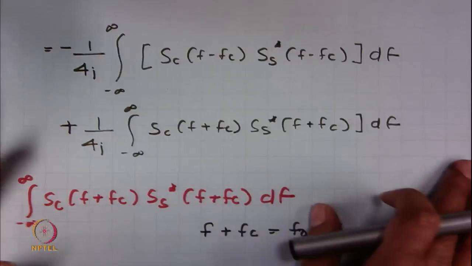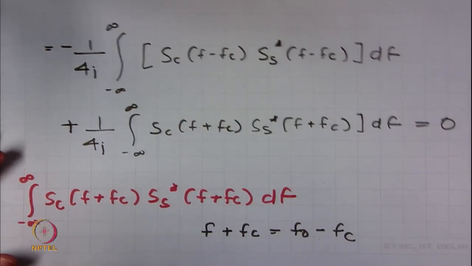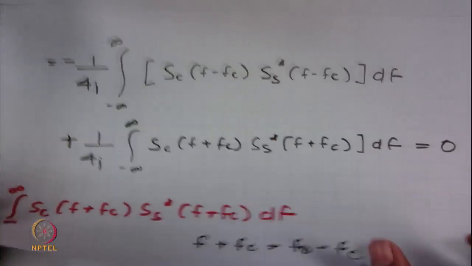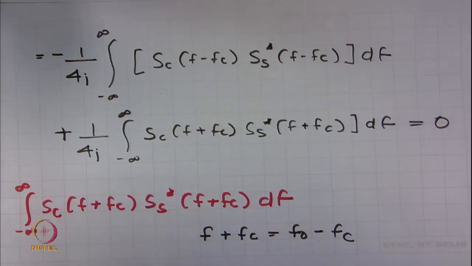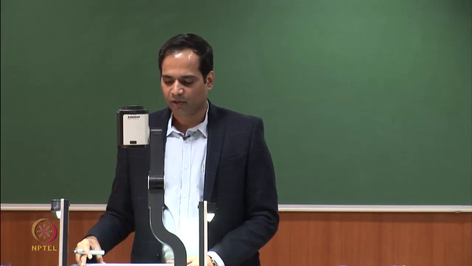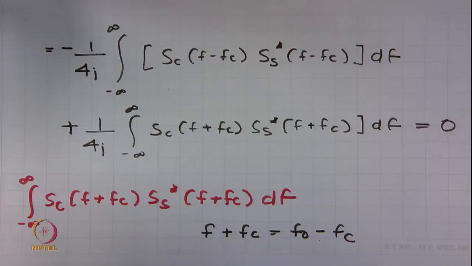So, this integration boils down to 0. Hence we have proved that the inner product of I and Q components is 0, and this is an interesting fact. Let us try to see the second point, the inner product of the passband signals and the inner product of the baseband signals. So, let us try to look at the second point.